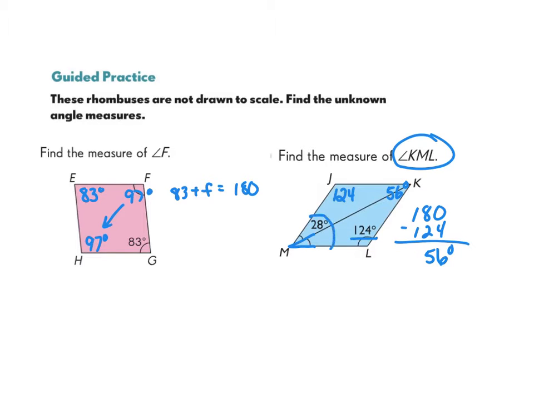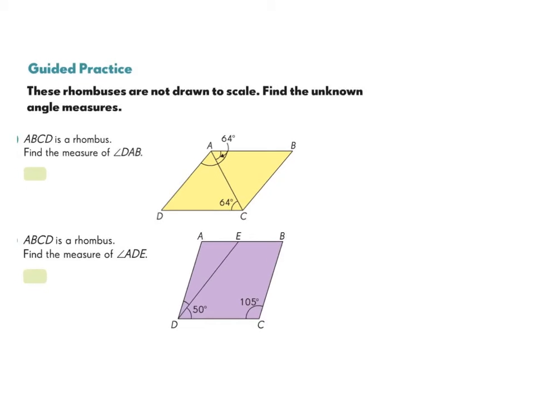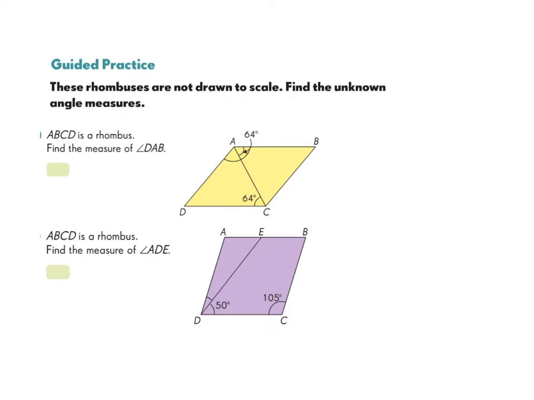That means this whole thing is 56. If we do 56 minus 28, we'll get this one right here. I'll use the red one, that one right there. So let's see, 28. Oh, I guess I knew that. 28 degrees. Next slide. A little bit more practice with the exact same thing.